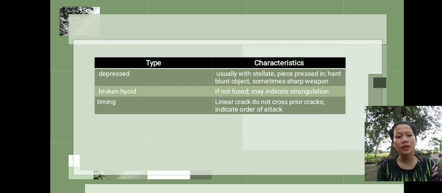Depressed: usually with a stellate piece pressed in, hard blunt object, sometimes a sharp weapon. Broken hyoid bone, if not used, might indicate strangulation. Timing: a linear crack does not cross a prior crack, indicating the order of attack.